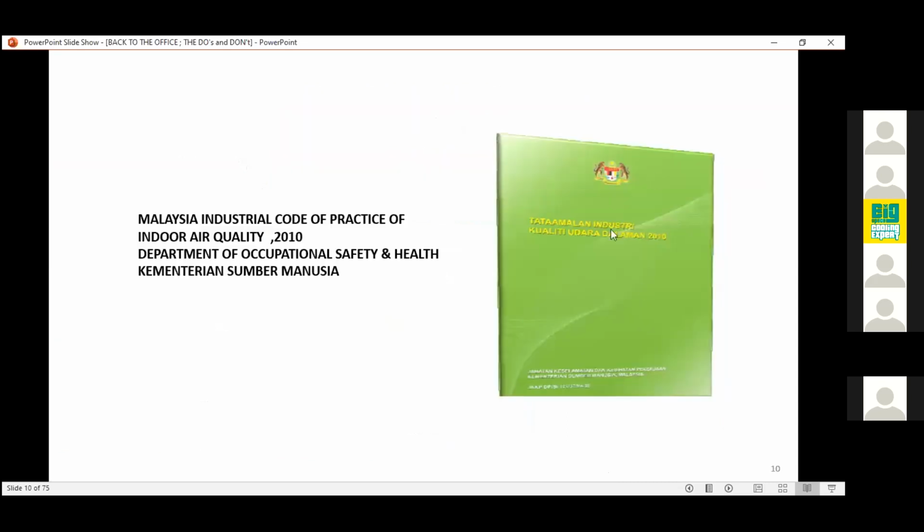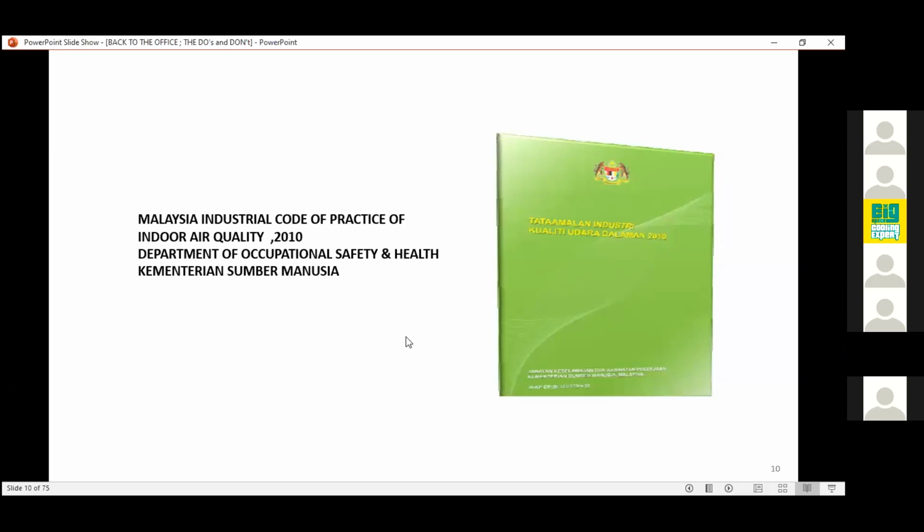So this is our Malaysia Industrial Code of Practice in indoor air quality punya environment. Can I just ask whether berapa ramai yang pernah tengok ni? I sebenarnya some of the participant I rasa I kenal belum juga pernah. Tu ada yang belum pernah.